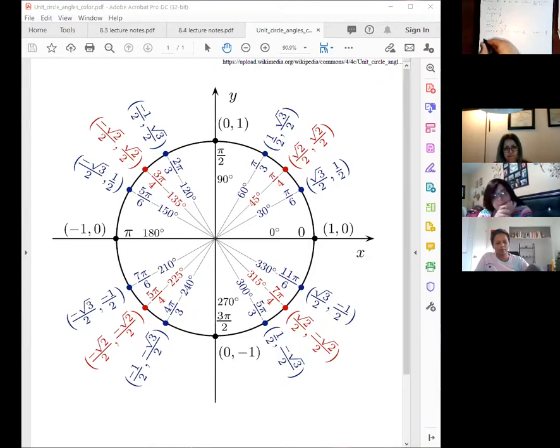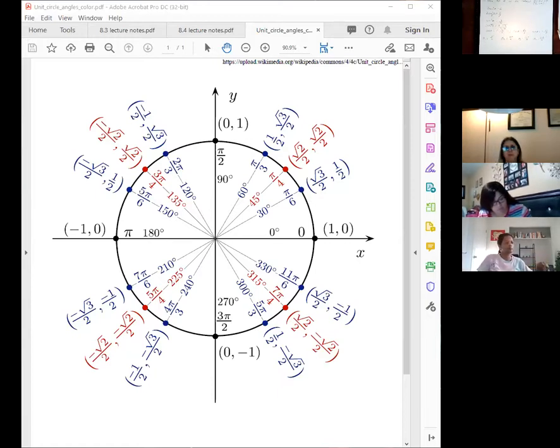We have theta 1 equal to pi over 6, another theta equal to, where is it, 5 pi over 6, theta 3 equal to 7 pi over 6, and theta 4 equal to 11 pi over 6.